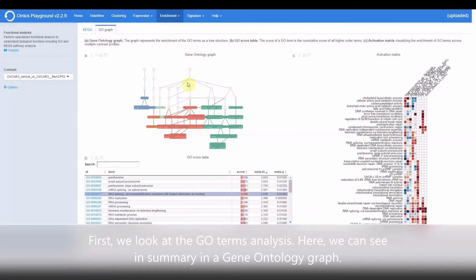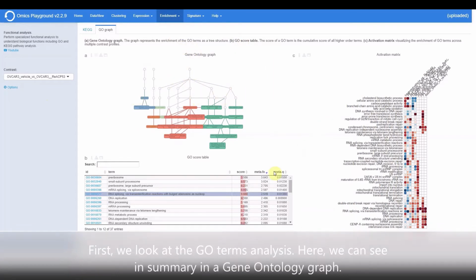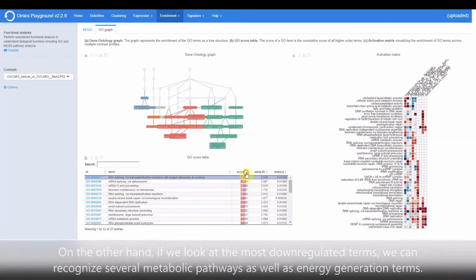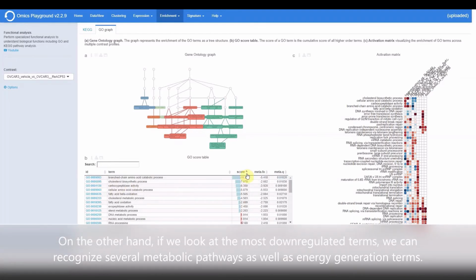We can see here a summary gene ontology graph, and if we then order terms by score, starting with the terms that are most upregulated, we can immediately spot terms associated with transcription and RNA metabolism. On the other hand, if we look at the most downregulated terms, we can recognize several metabolic pathways as well as energy generation terms.